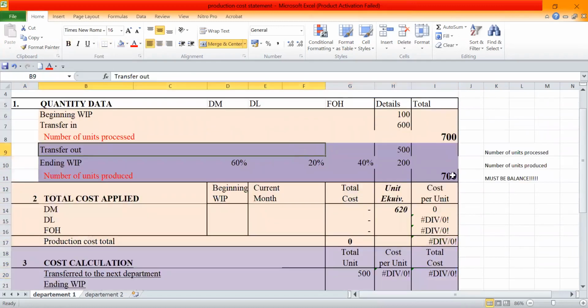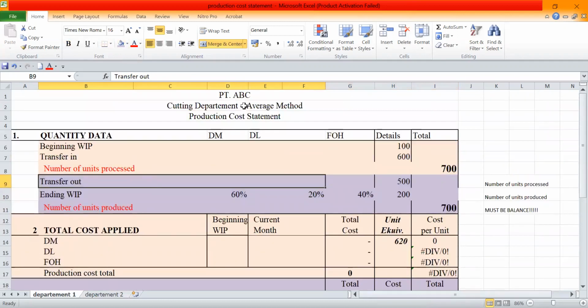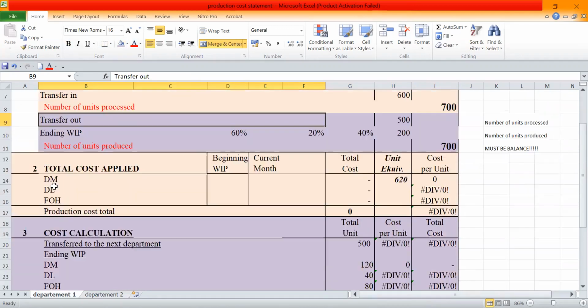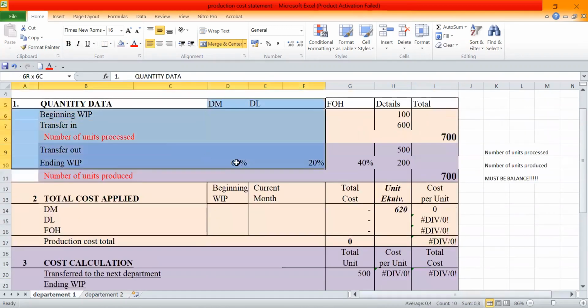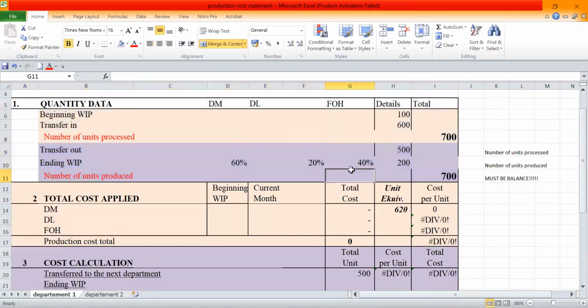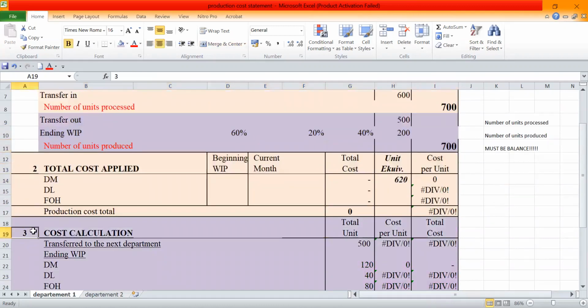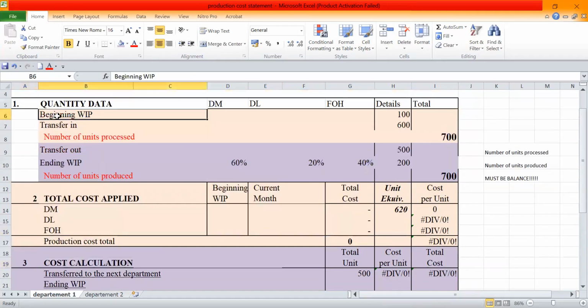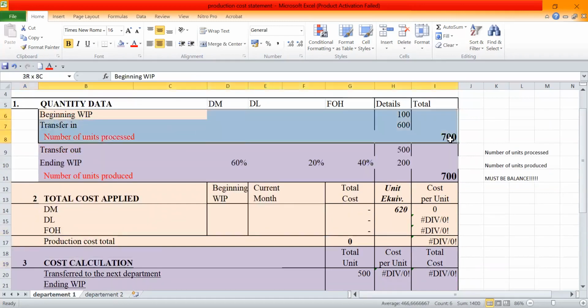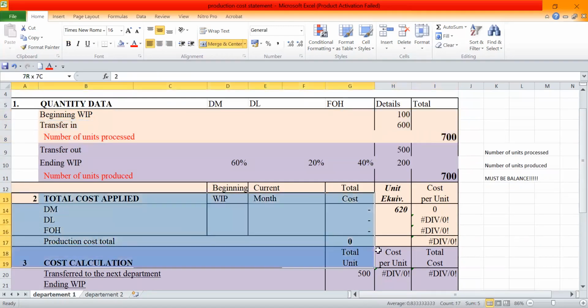Okay, so this is actually really linked to each other. The first, second, and third parts of the production cost statement are linked to each other. Okay, so the first part is talking about the quantity data, and then the second and third parts are talking about the rupiah or dollar amount, which, if we break it down to the specific part, for the beginning work in process plus transfer in units, the information about the rupiah and dollar is located on the second part.